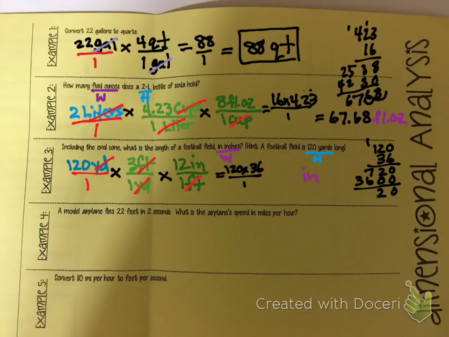So 0 to 13, 4. Now there's no decimal points, so let me move my inch label a little bit more, what I want. And I get for my answer 4,320 inches. And that's my final answer.